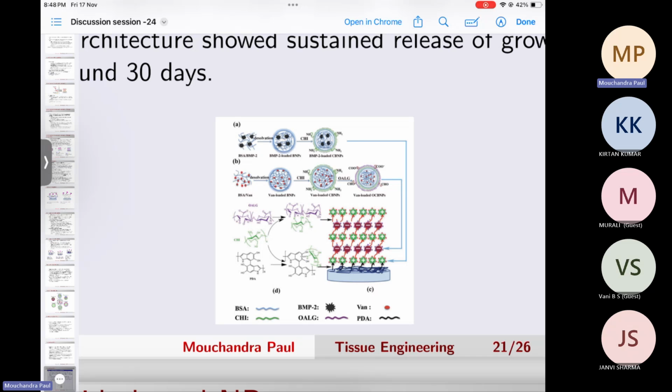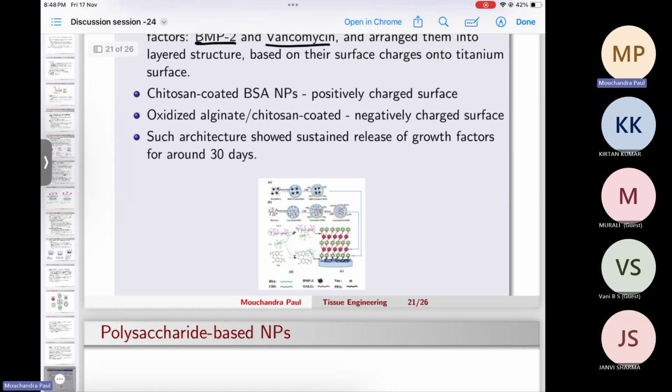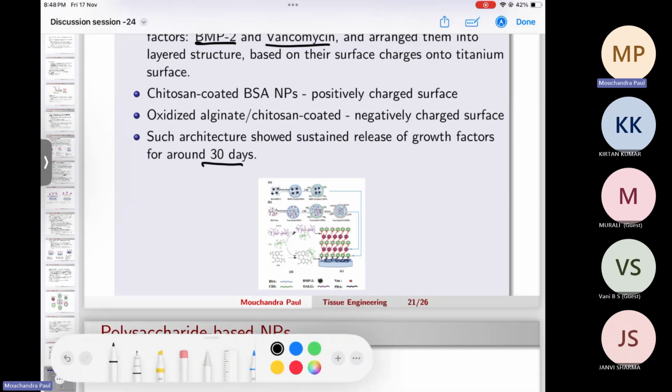When they tested how the BMP2 and vancomycin were releasing from this structure, they saw that it is happening in a sustained manner over a period of 30 days. So basically, what we saw in the topic where we were discussing that people are mimicking the ECM architecture, right?